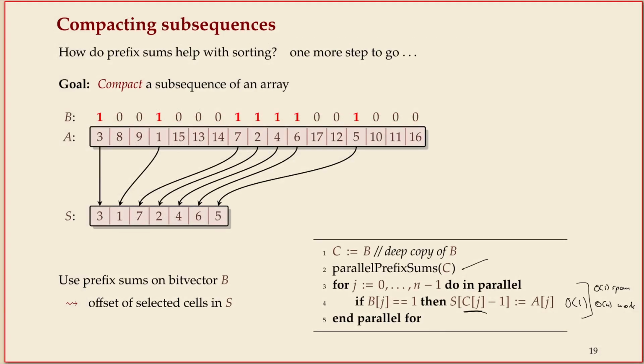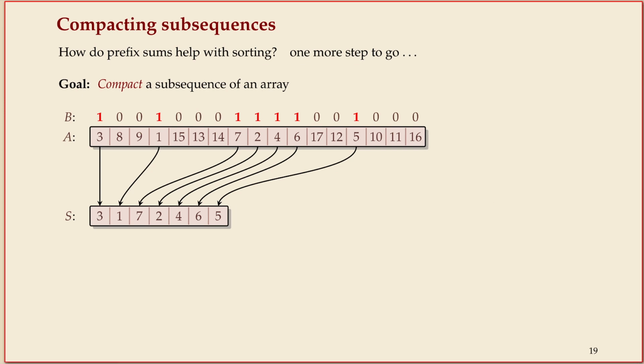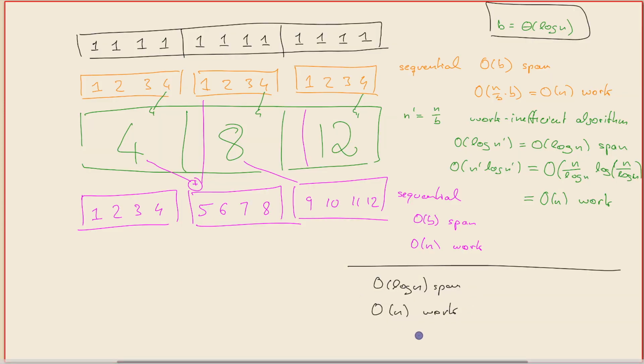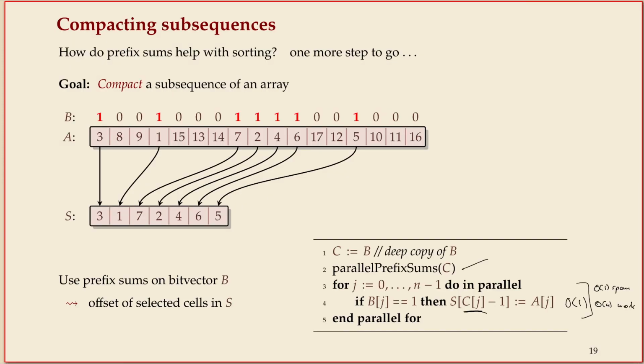So to finish off my analysis, I almost gave it away already. What we've just seen about the parallel prefix sum, here it is. We can do it in log n span and linear work.